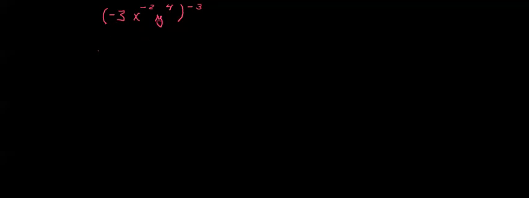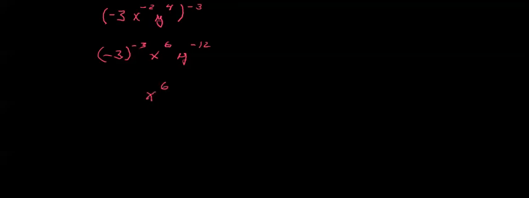We're going to have negative 3, this must be in parentheses, raised to the negative third power, x to the positive 6, negative 2 times negative 3 is positive 6, y to the negative 12th. Now the rule says if we have a negative exponent, we have to make it positive.